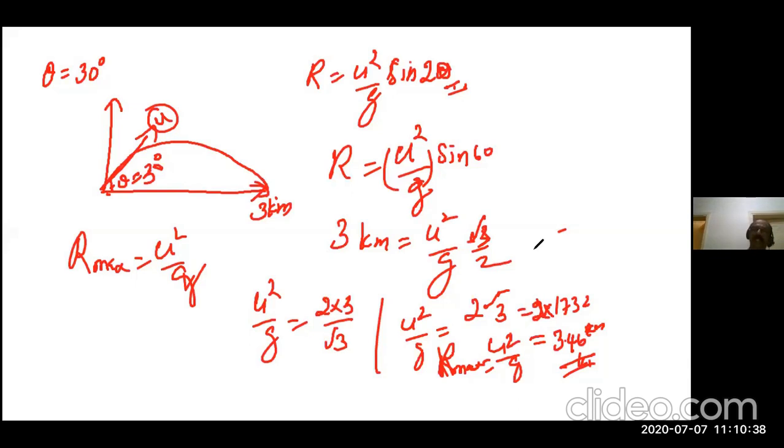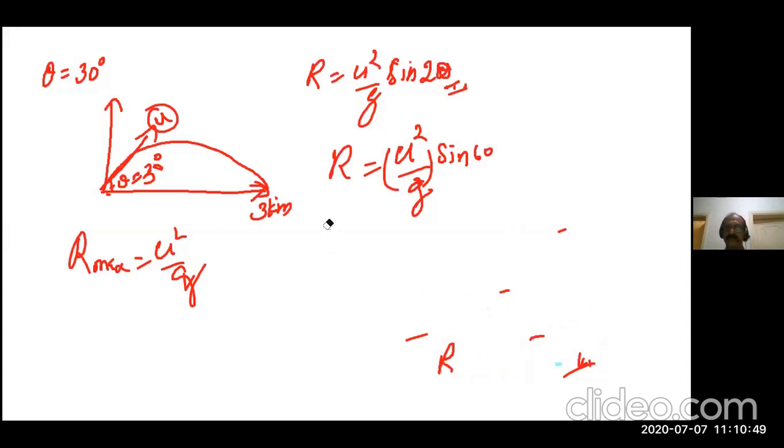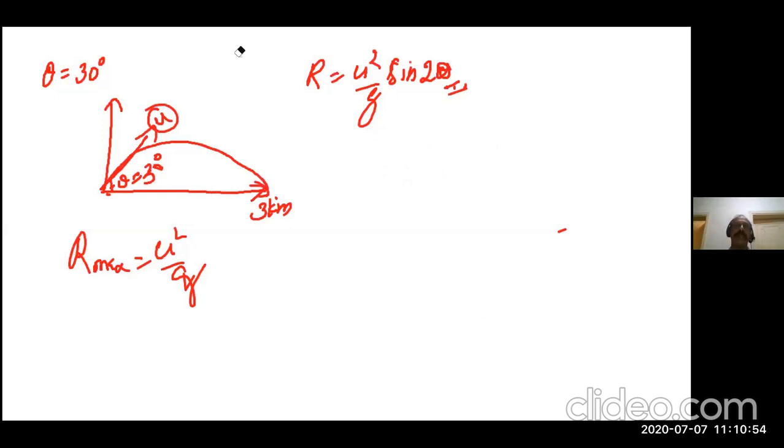Sir, can you explain once more how you found it? R is equal to U squared by G sine 2 theta. You know this formula, isn't it? The range here is 3 kilometers. U squared by G we don't know. The angle of projection we know is 30.